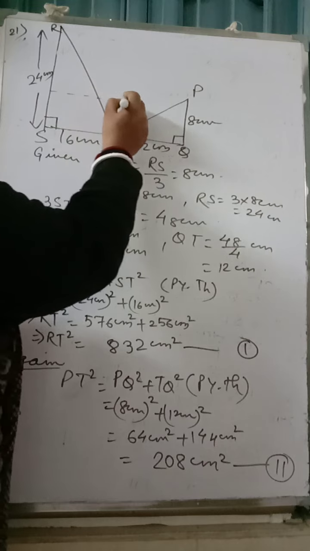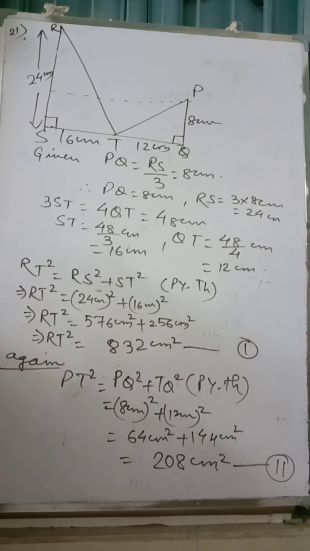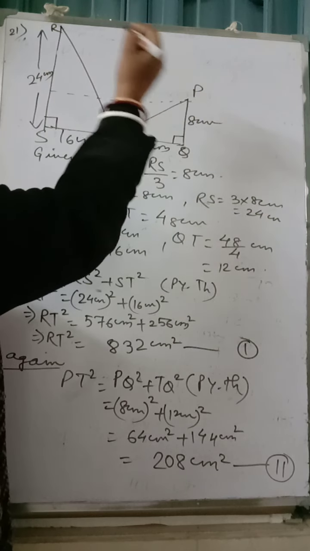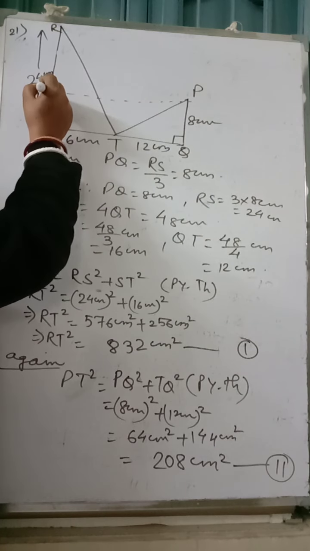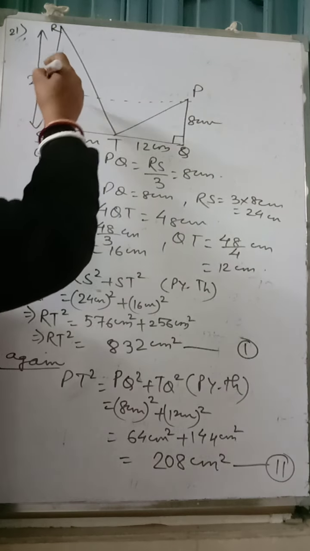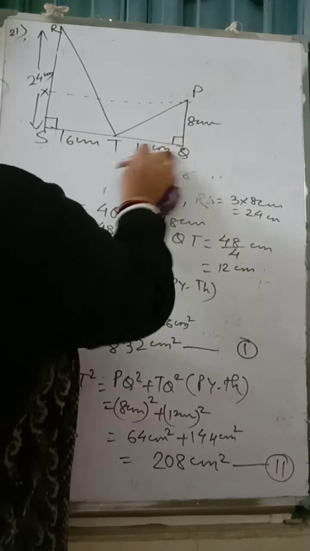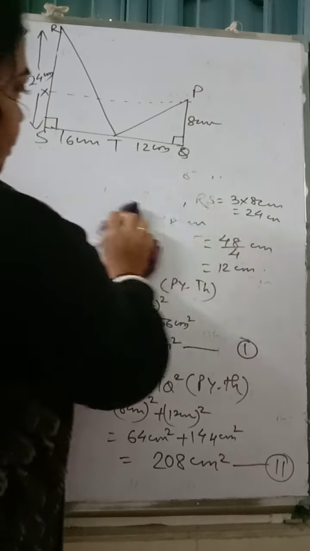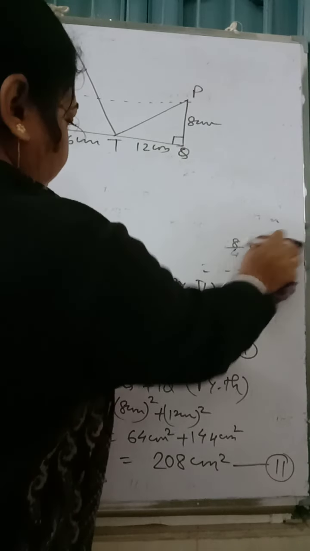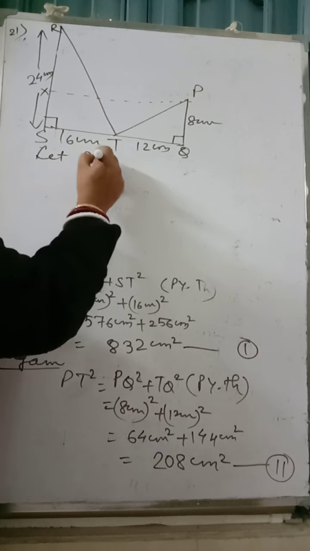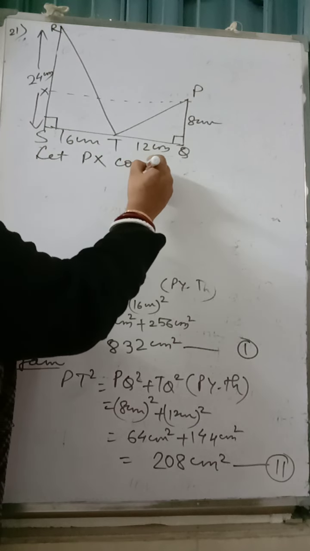We had to find the distance between the poles. So what I am going to do? I am going to join the vertex P, from a line at X maybe. So what will be the length of PX constructed.